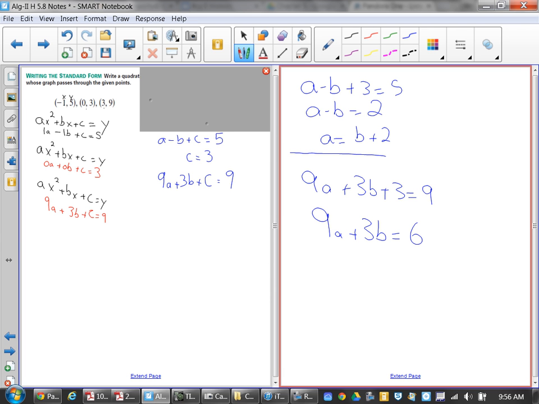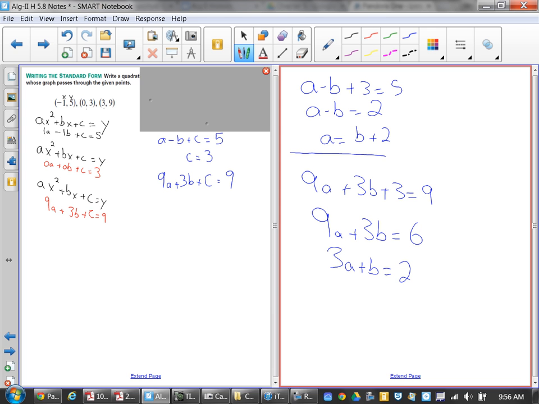Would you divide by 3? Absolutely. In this case, what Phoebe was saying is that she's just going to take out a GCF. Do you need to? No, you don't. But does it help out a little bit sometimes? Sure. If you don't do it, it's not that big of a deal. But we might as well take it out. So we'll divide everything by 3. We get 3A plus B is 2.